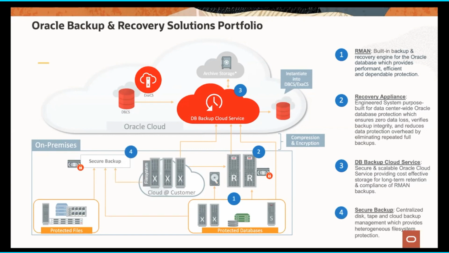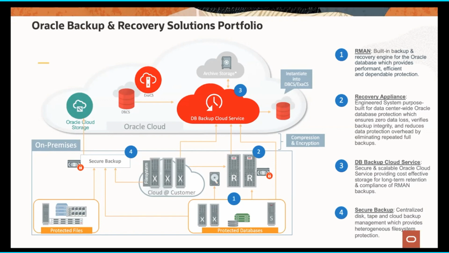And you can restore from there. The other component we have in the family is Oracle Secure Backup, which is a more traditional backup and recovery solution. It's software that you can install on an admin server, and the admin server will manage the backup environment. Then you deploy agents on your different clients, and you can manage your backups and send them to tape, to disk, or to the cloud as well.